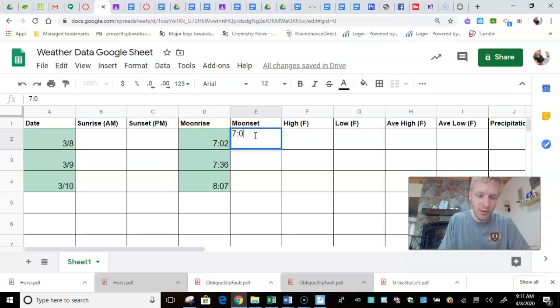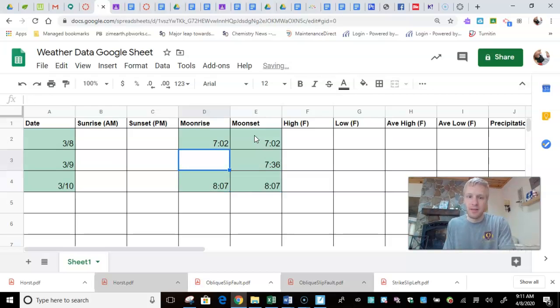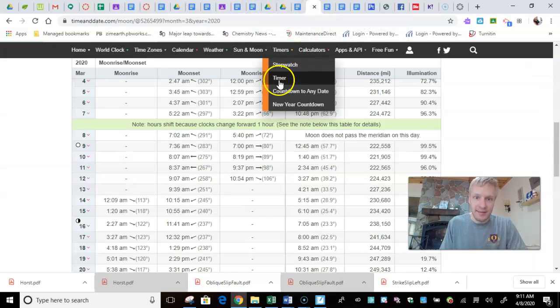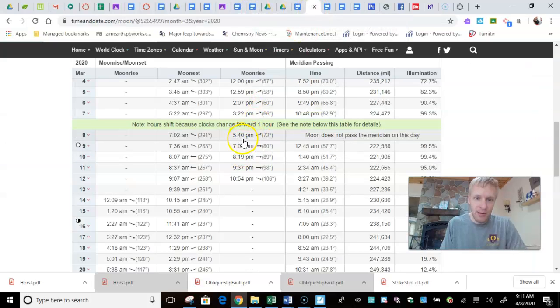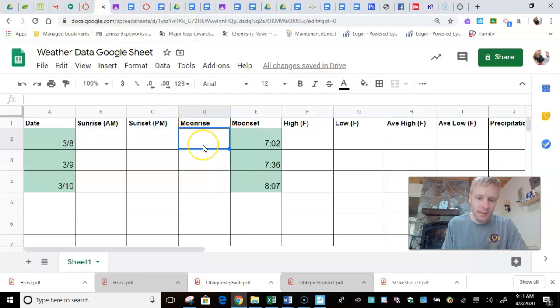Alright, 7:02. 7:36. Let me know if this is right. Oh, I don't want to have to do this again. Alright, moonrise. Here it is. 5:40 p.m., 7 o'clock p.m. 5:40.